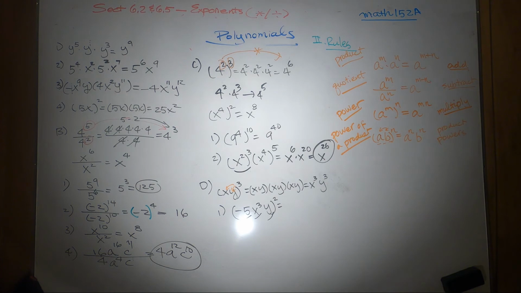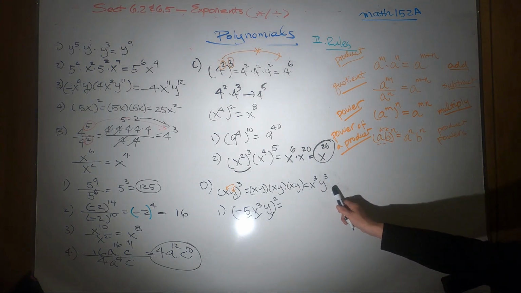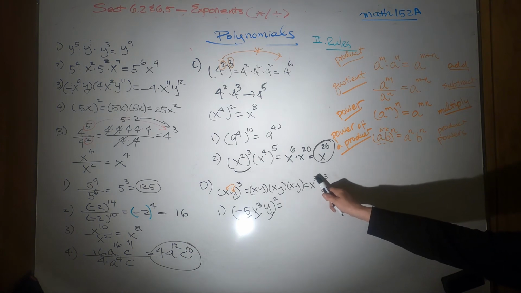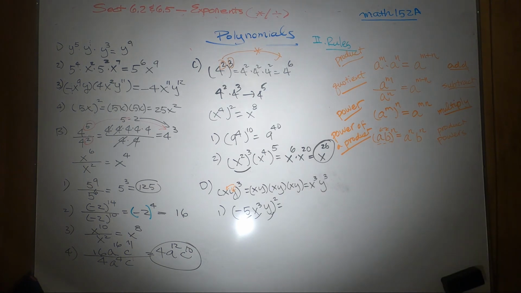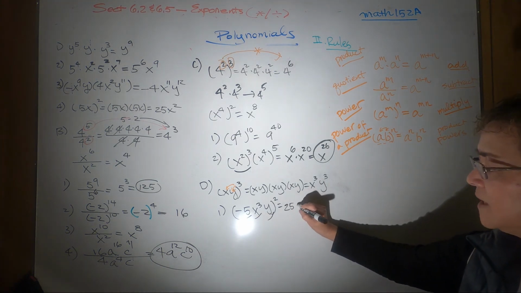So when we want to show the answer, we don't want to have a parenthesis. We want to write individual things with its own power, okay? The number with itself, so -5 twice is what? 25.